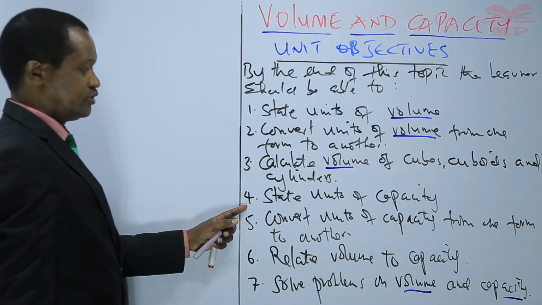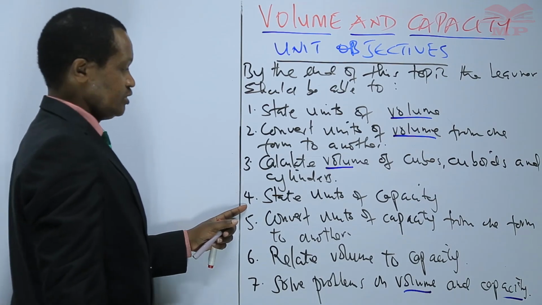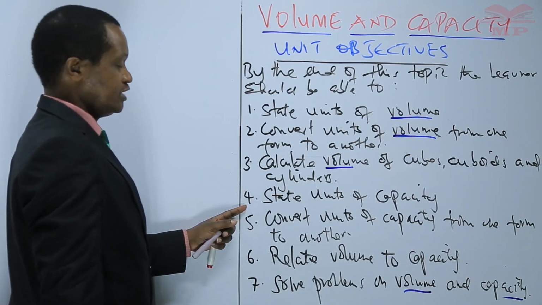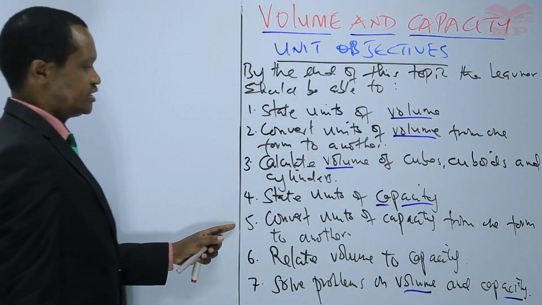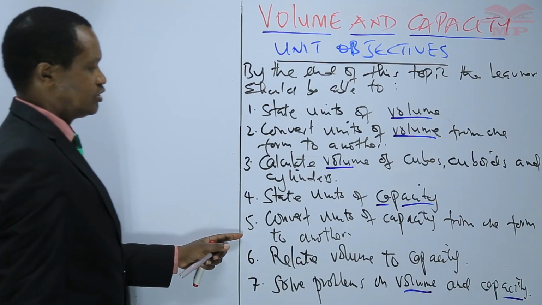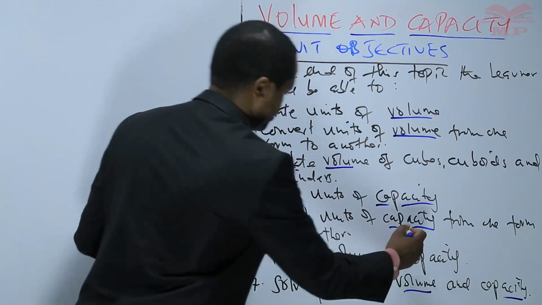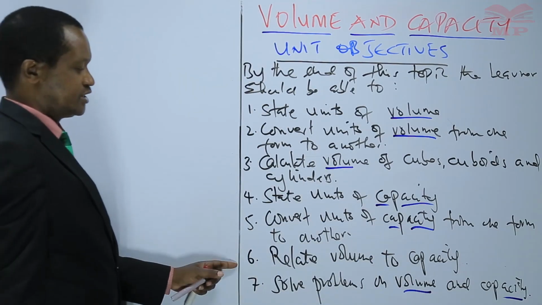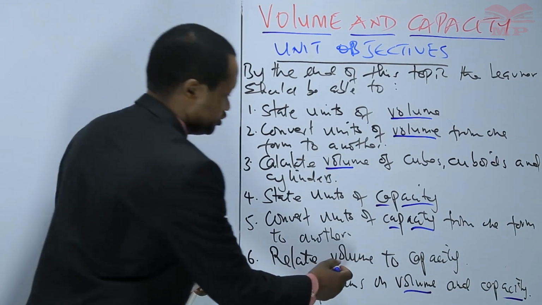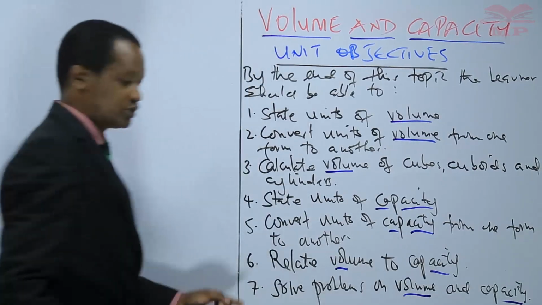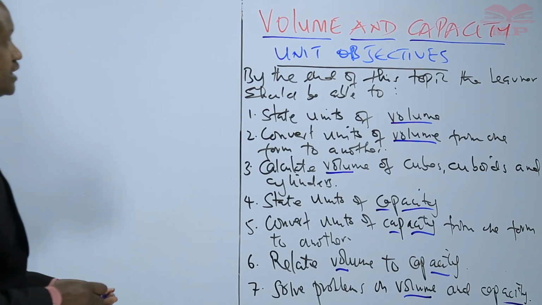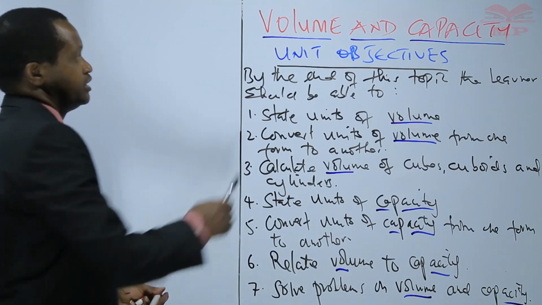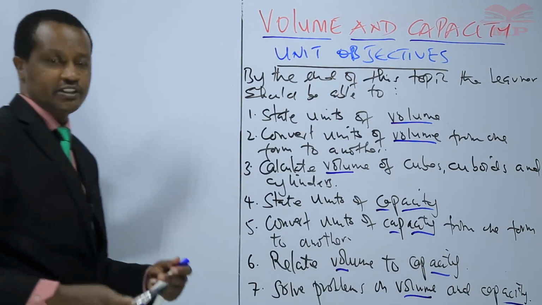Then from number four, we will seek to achieve the objectives in relation to capacity. State units of capacity, convert units of capacity from one form to another. Then number six, relate volume to capacity. So learners, that is what we intend to achieve under the topic volume and capacity.